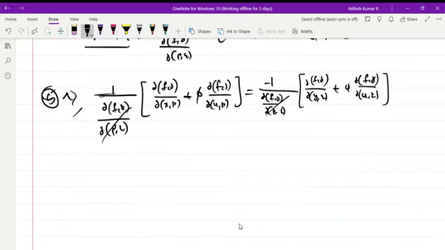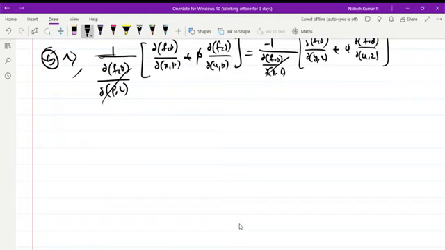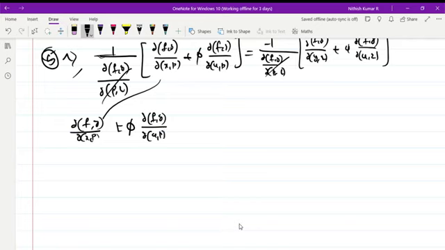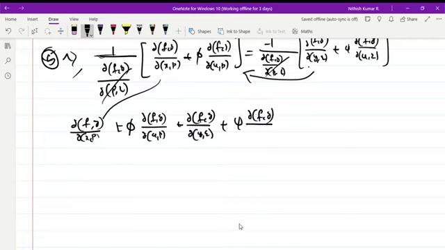Now substituting in equation 5, my equation 5 gives 1 by ∂(f,g)/∂(p,q) into ∂(f,g)/∂(x,p) plus φ into ∂(f,g)/∂(u,p) is equal to -1 ∂(f,g)/∂(p,q) into ∂(f,g)/∂(y,q) plus φ into ∂(f,g)/∂(u,q).